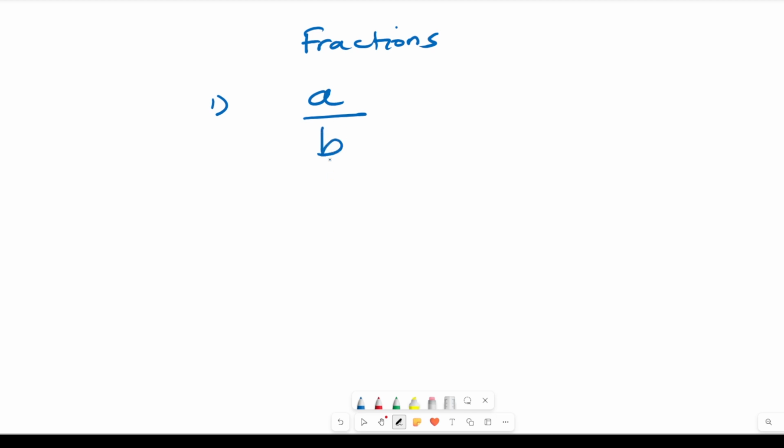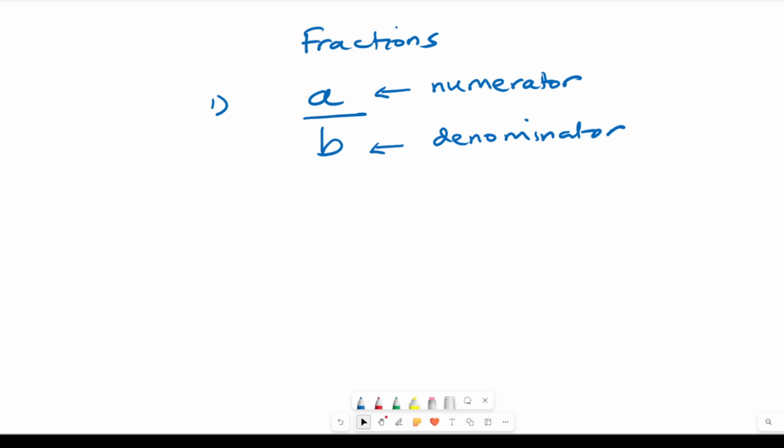So let's say A and B are the different numbers making a fraction. This A, the one sitting at the top, is the numerator. Okay, and it's very important that we understand this. The one sitting at the bottom is the denominator.